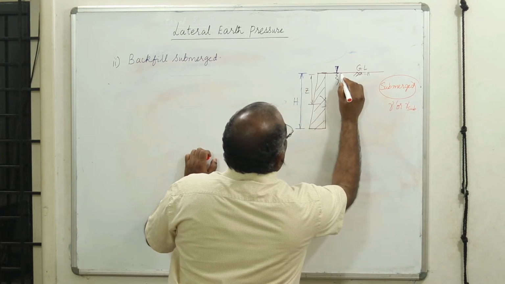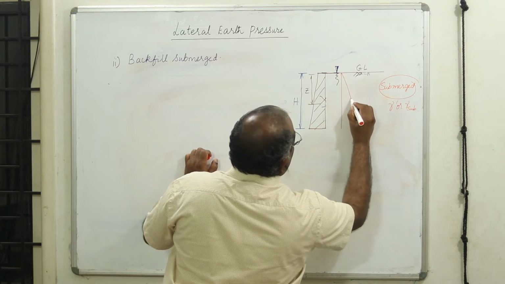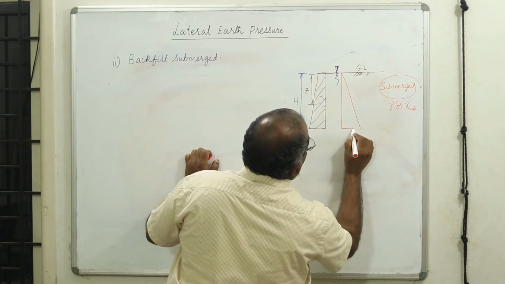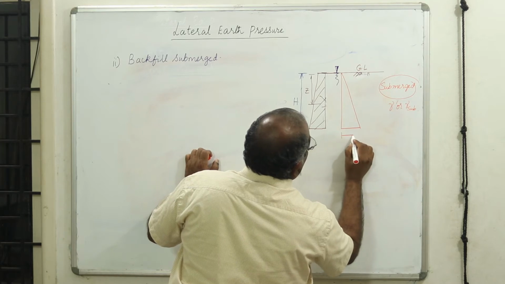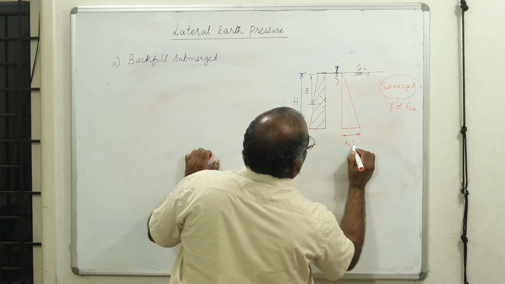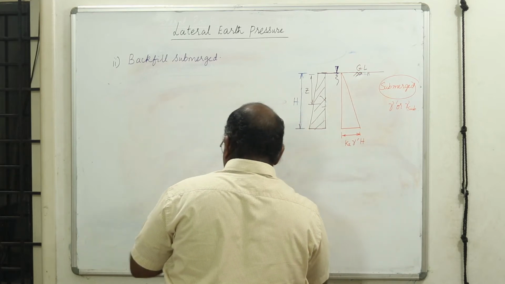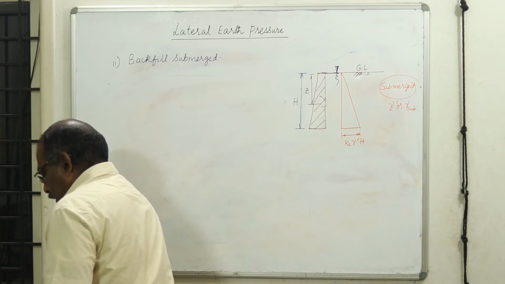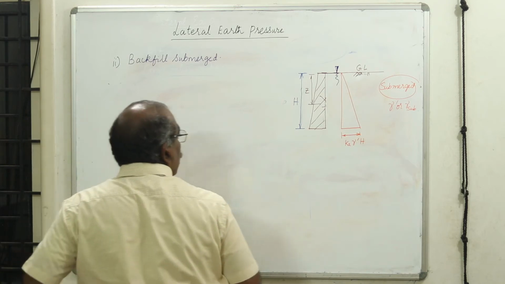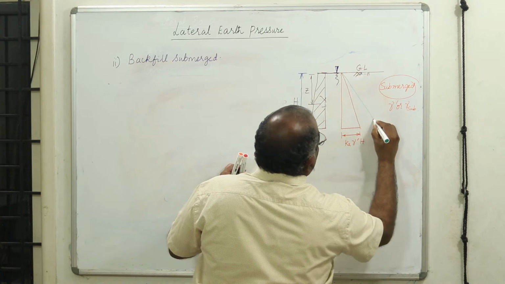Therefore, when I try to draw the pressure distribution diagram, it will be something like this. This is my pressure distribution diagram. This is K gamma dash. The only difference is that I am using gamma dash. And for water, I will have another triangular pressure distribution diagram.